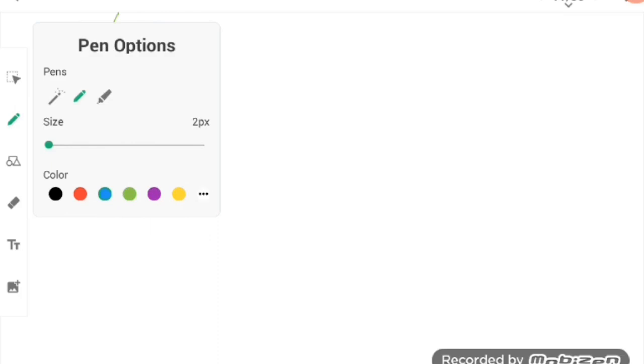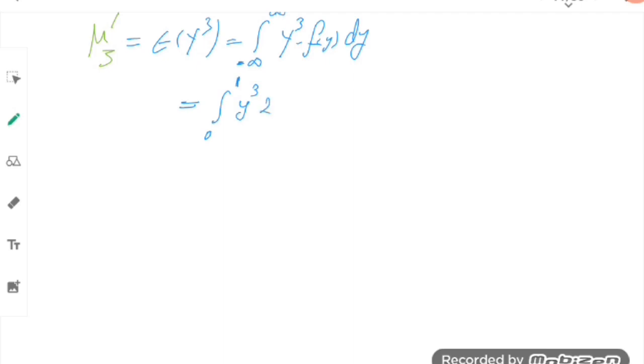This will be the expected value of y to the power 3, which is the integration from negative infinity to infinity of y to the power 3 times the PDF. Substitute for the limits, which is the support of the PDF, from 0 to 1, y to the power 3 times 2 times 1 minus y dy.